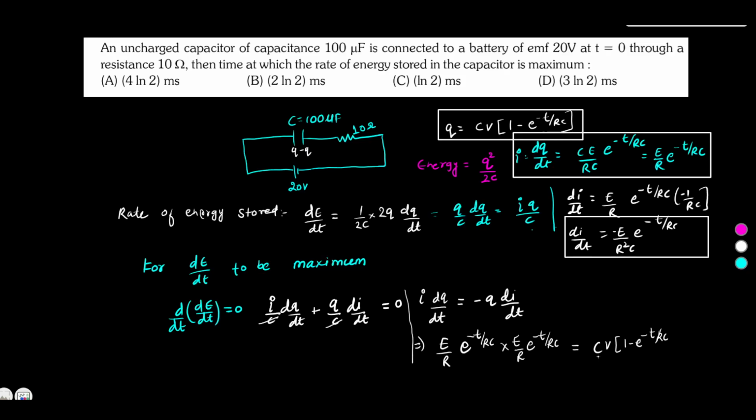Better to write it in terms of E just to avoid confusion. A small correction: here it will be CE (1 minus e raised to the power minus t by RC), that is Q, with the minus sign, and dI by dt is again minus of E by R square C e raised to the power minus t by RC. You can see minus and minus cancel each other.